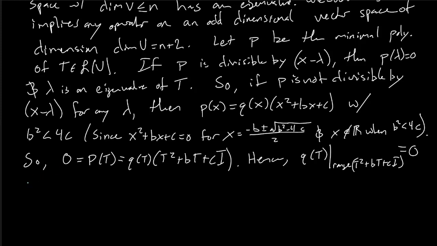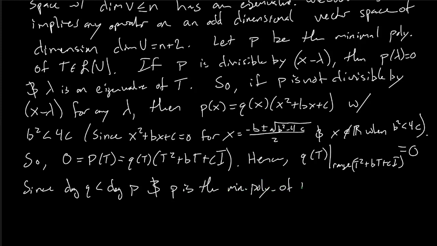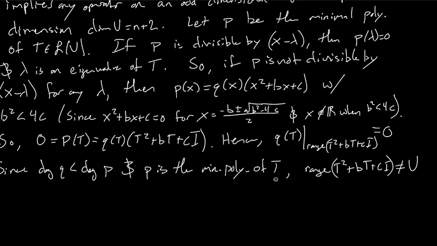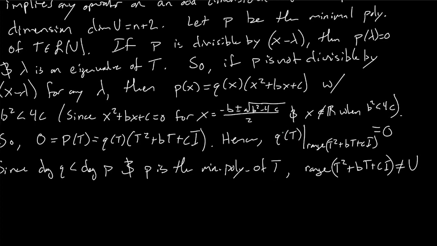So, since the degree of q is less than the degree of p, and p is the minimal polynomial of T, the range of (T squared plus bT plus cI) is not all of V. Otherwise, q(T) would be the 0 operator on all of V, but this can't be the case because q has degree smaller than p.